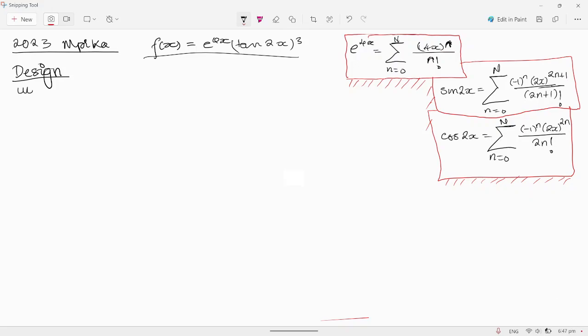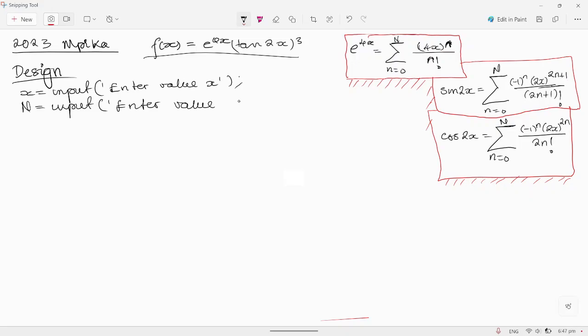So we're going to say x is equal to input, enter value x. Then for the upper limit, we're going to say input, enter value limit.